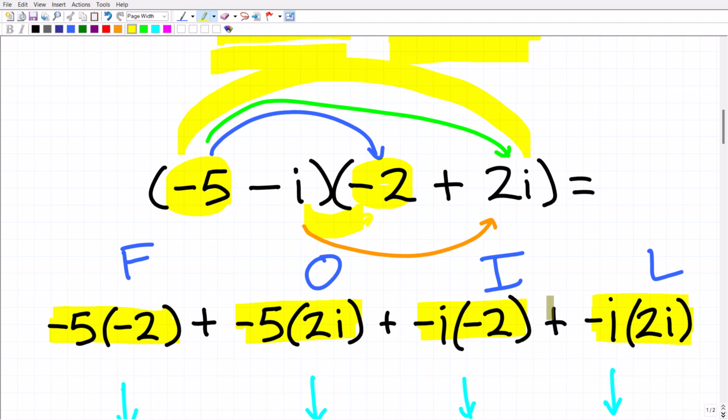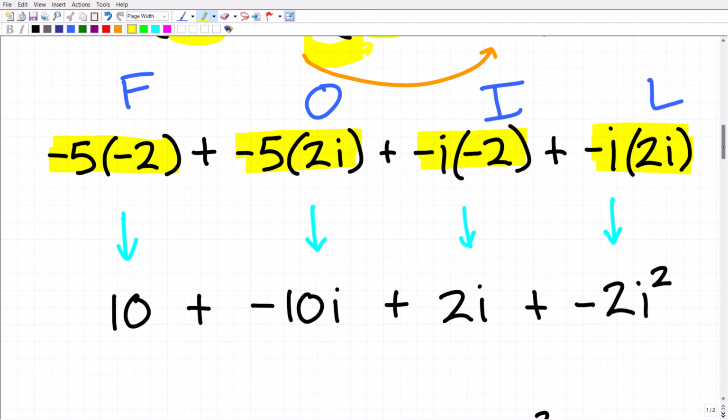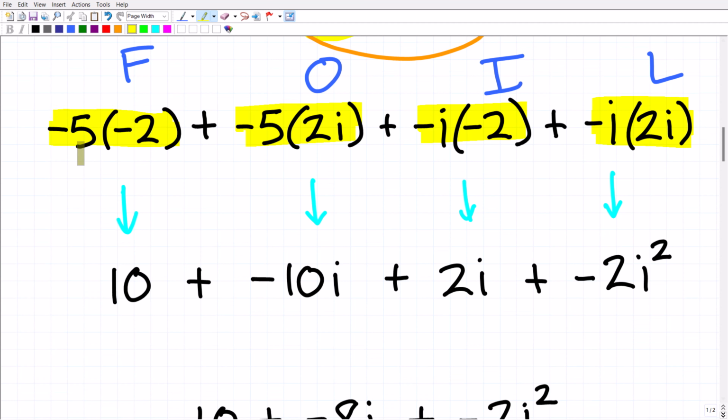Okay, so we're going to add up all these products, and we're going to work really carefully here because it's easy to make a mistake. So negative 5 times negative 2 is a positive 10. Negative 5 times 2i is a negative 10i. So here we have negative i times negative 2. That is a positive 2i. And then negative i times a positive 2i is negative 2i squared. So remember, i times i will give you an i squared. And this is the part of the problem that we're going to have to address here in just one second.